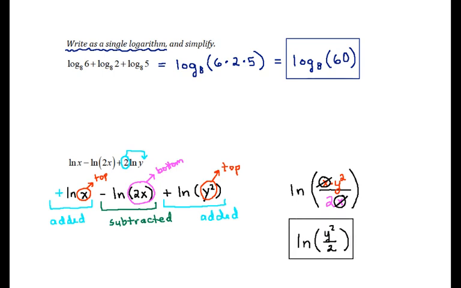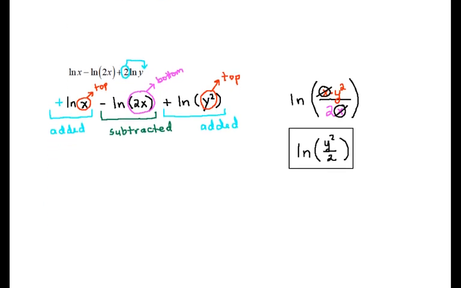The most common mistakes on something like this are either to accidentally have that y squared end up in the denominator, because sometimes we get affected by that minus that showed up earlier in the expression. Or sometimes I will see another thing that I want to really discourage.